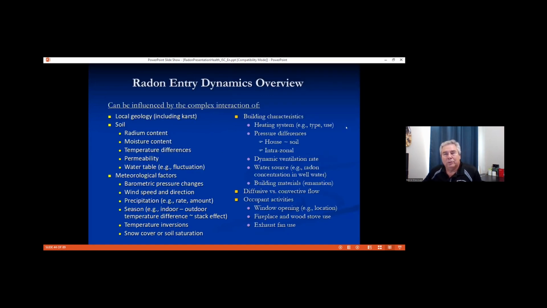What actually influences those radon levels in our home? So again, here we could talk about the local geology. Is there a lot of rock in your area that contains uranium and radium? How about the soil underneath the house? Does it contain a lot of radium?